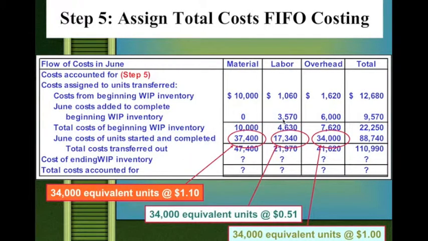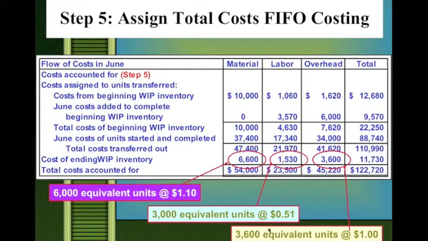So it's giving us the total cost of the beginning WIP, and then June costs, we know it's 34,000 units at each applicable price. And then we have total costs transferred out, and costs remaining in WIP is the equivalent units we had at each applicable price.